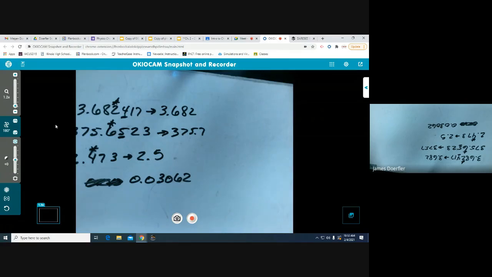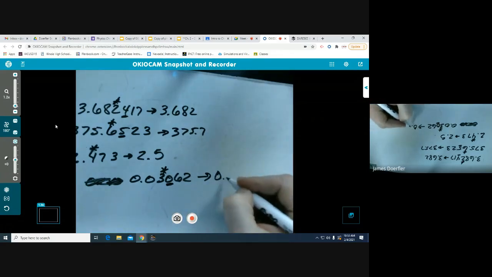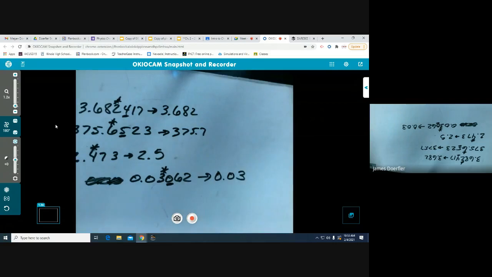Which number is in my hundredths spot? Yep. So what am I going to do here? How am I going to answer that? My next number is 0. Am I going to do anything to it? 0.03.